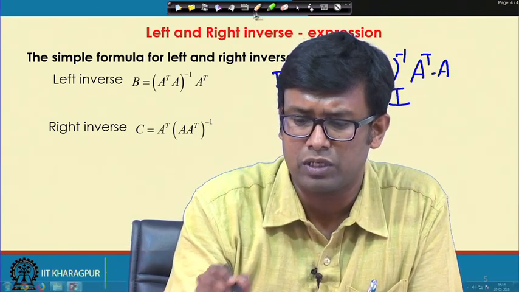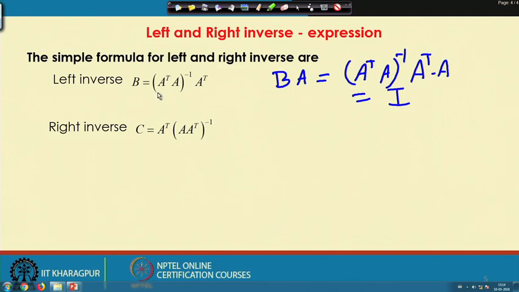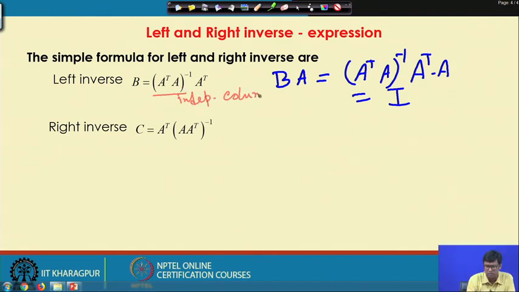A^T A is invertible when we have independent columns, because this has to be invertible for the existence of B, the left inverse. So, if columns are independent, then A^T A must be invertible. Similarly, A A^T is invertible whenever we have independent rows.